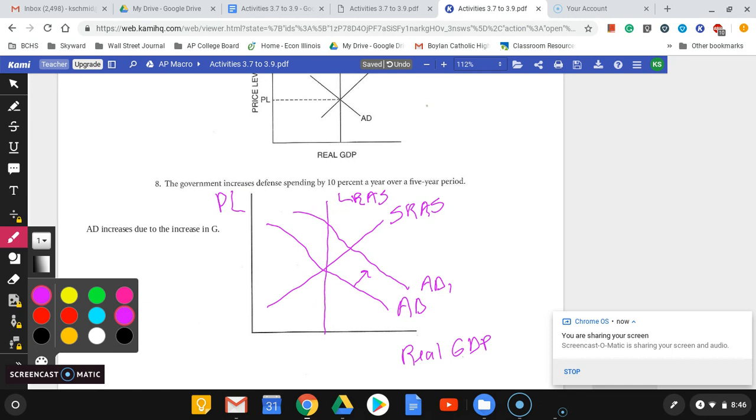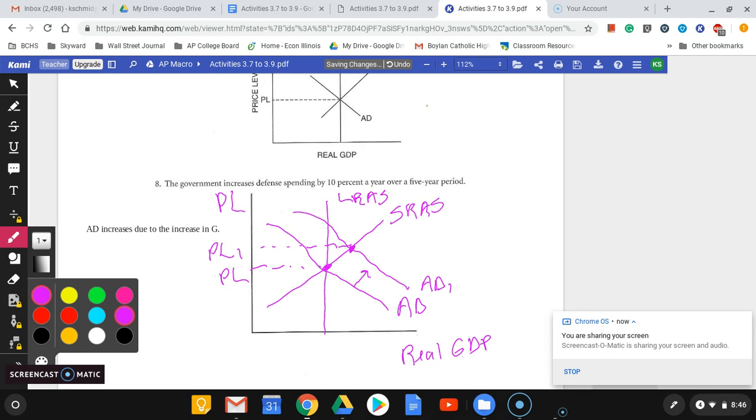So you know, here's where we started out. PL. If AD shifts, the price level is going to increase to PL1. Okay, so we've started here and we're over here.